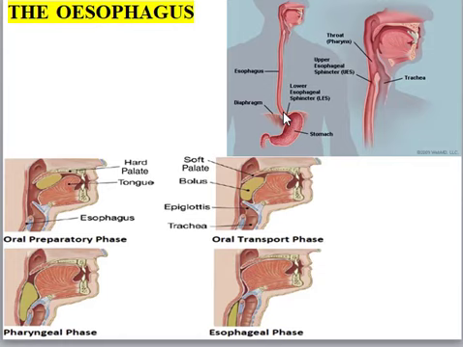The esophagus is important in the passage of food from the mouth to the stomach by the process called swallowing. In the esophagus, the layers discussed in the previous slide are the adventitia, muscularis propria, submucosa, and mucosa.